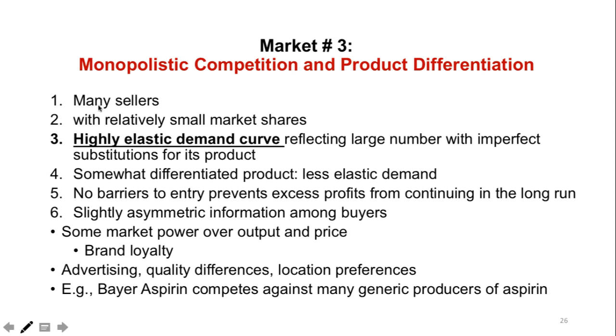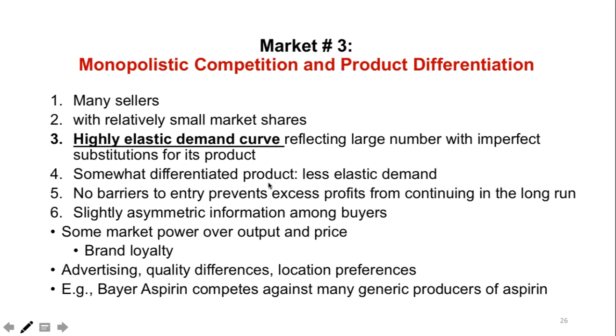Monopolistic competition is very close to the perfectly competitive market. There are many sellers with relatively small market shares, and because they have very similar products, their demand curve for each producer is highly elastic, right? Because they have a lot of substitutes for their product, although their product is a little bit differentiated.